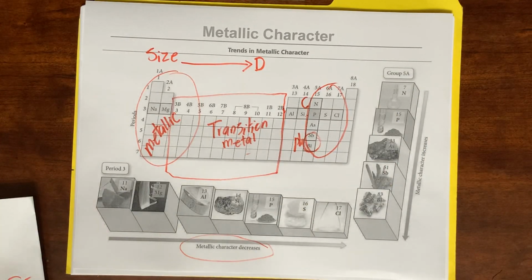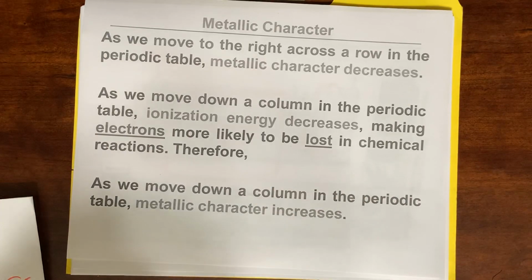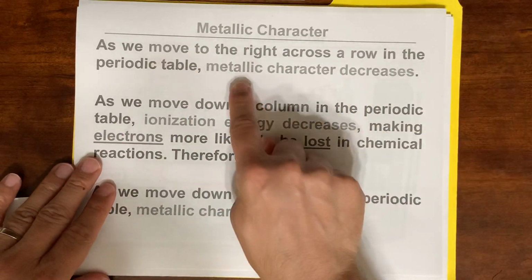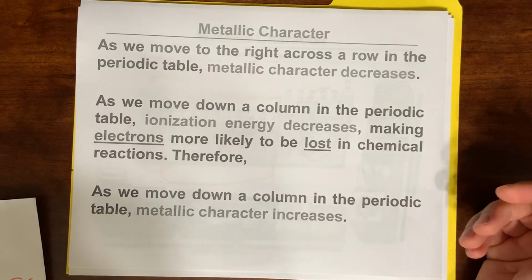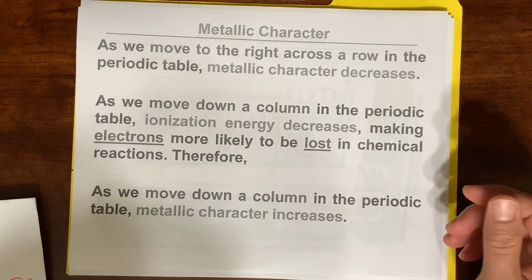Okay, so the trend for metallic character is similar to the trend of size. As we move to the right side of the periodic table, metallic character decreases, and as we go down in one group, metallic character increases. Why?